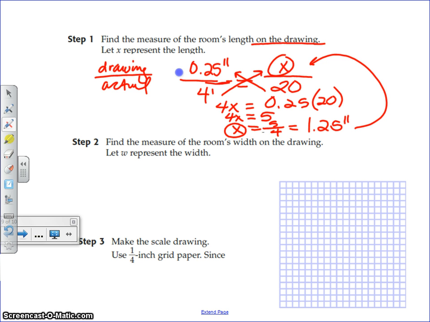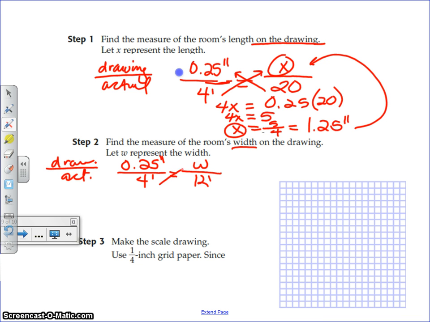So, okay, now let's go to step 2 and find the room's width. Let's let W represent the width. The width is what we don't know. Again, we're going to do the drawing over the actual, right? So we know our scale is 0.25 in the drawing over 4 feet actually. We don't know what the drawing width is going to be, but we do know the actual width is 12 feet.